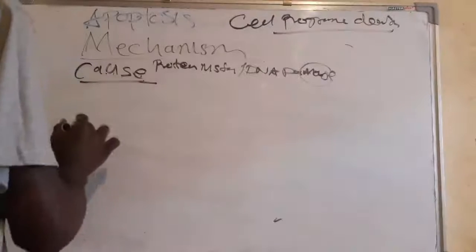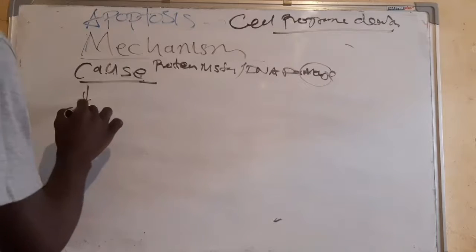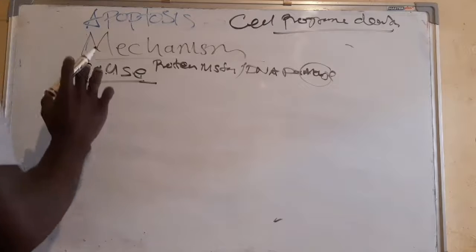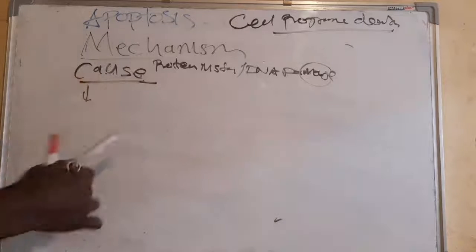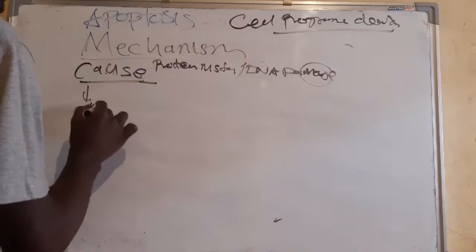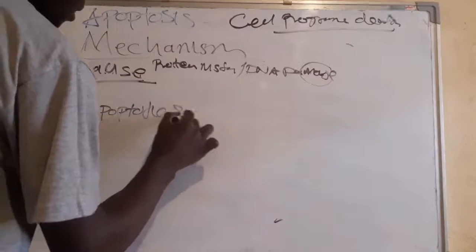So when this occurs, the first thing is there is a protein that senses this change, which is known as apoptotic sensors.